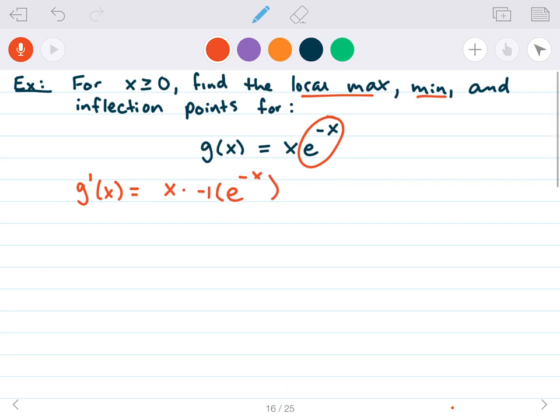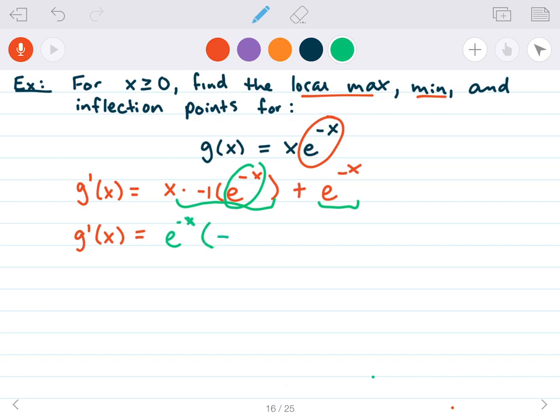Keep the first times the derivative of the second, plus keep the second times the derivative of the first. The derivative of x is just 1. Now we can factor out an e to the negative x, because all of this is stuck together with multiplication. If we factor out an e to the negative x, what we're left with is negative x plus 1. If we FOIL that back in, we get exactly what we started with above.